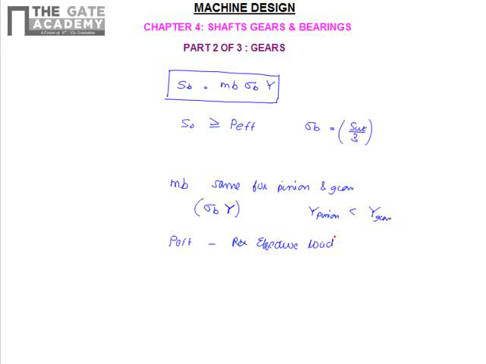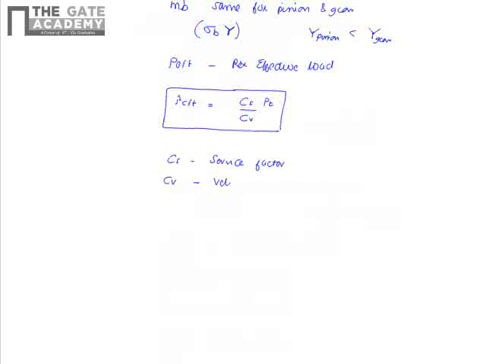The effective load can be defined as P effective equals Cs into Pt divided by Cv, where Cs is called the service factor and Cv is called the velocity factor.